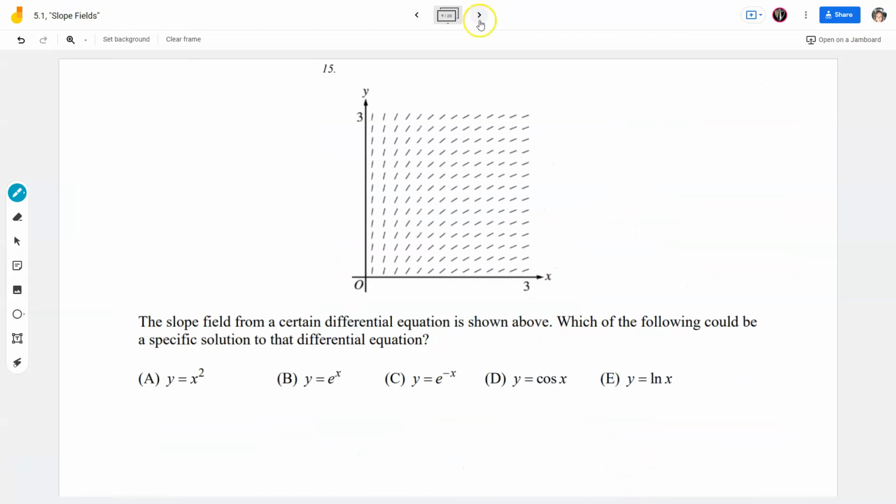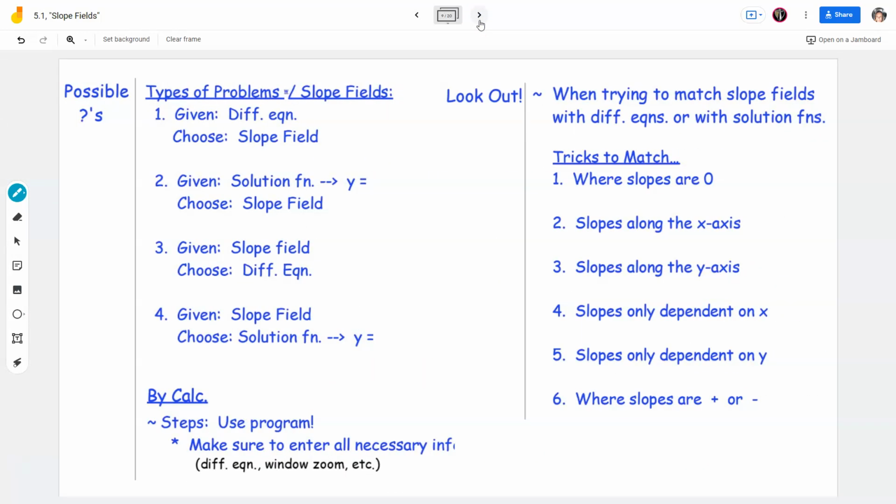And we'll come back to that slide in a second, but there are different things that you could be asked. This is just more like AP-ish FYIs. Because you could be given a dy dx, and you have to choose a slope field. Or you could be given a y equals, and you choose a slope field. Or you have a slope field, and you have to choose a dy dx.